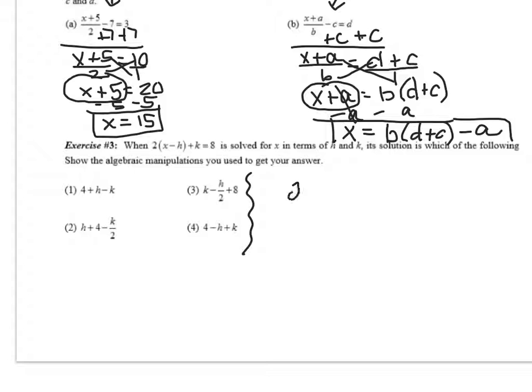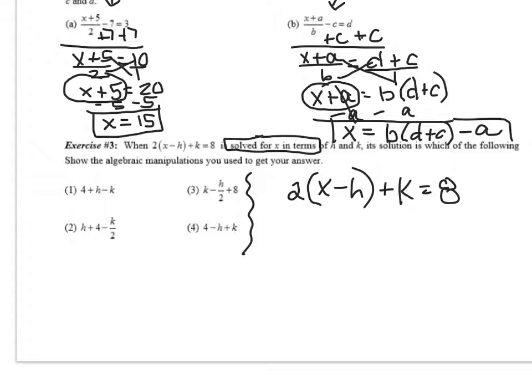And we'll rewrite this equation over here. And we're being asked to solve for x in terms of h and k. We've heard that before. We've talked about how find the area of the circle in terms of pi means that you're going to have the pi symbol in your answer.